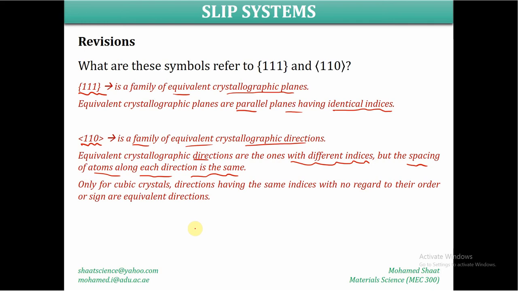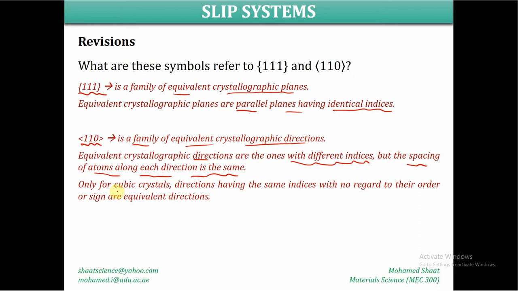In other words, the length of each of these directions should be the same. So if you have two different directions with two different indices, are they equivalent or not? This requires a condition. If you calculate the length of the first direction and the length of the second direction, and both give the same length, then they are equivalent. This length indicates that the spacing between the atoms along the direction is the same, and this is what identifies an equivalent crystallographic direction.